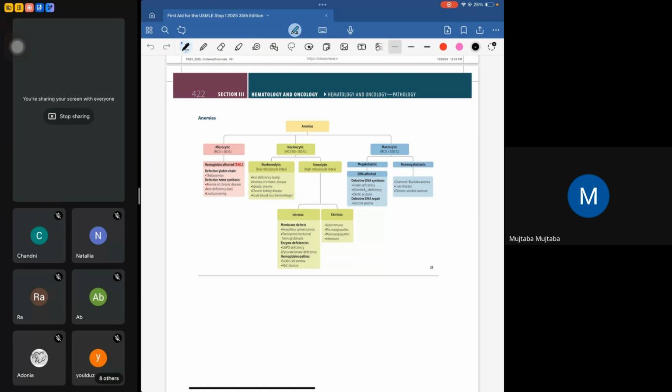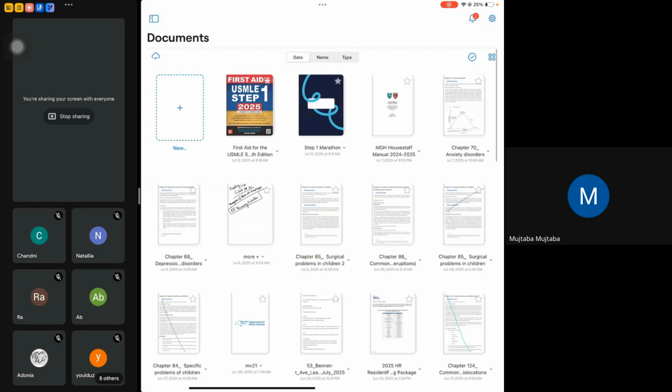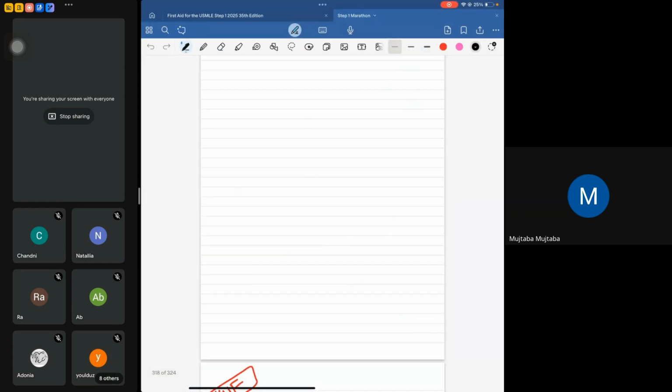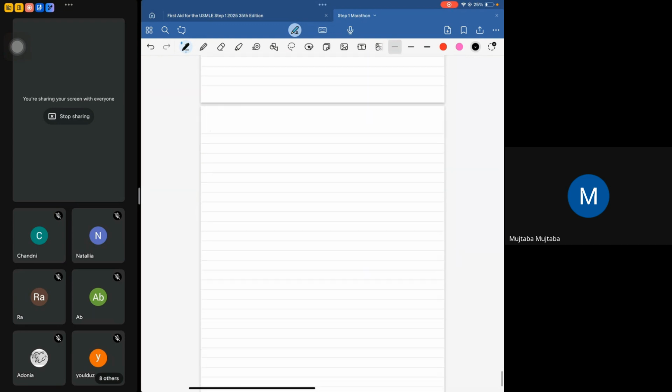So basically, we have three types. Whenever you get a question in USMLE about anemia, the first thing that you want to look at is what's the MCV, right? Why is it important to look at MCV?